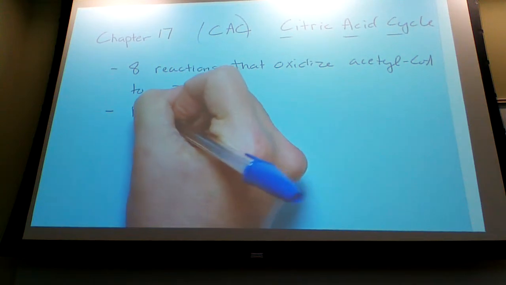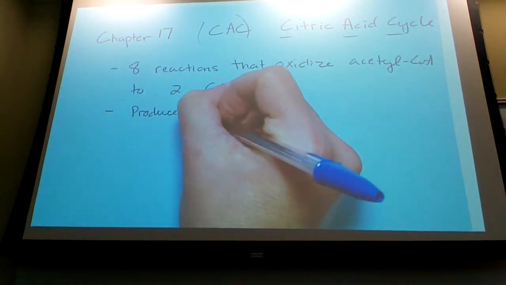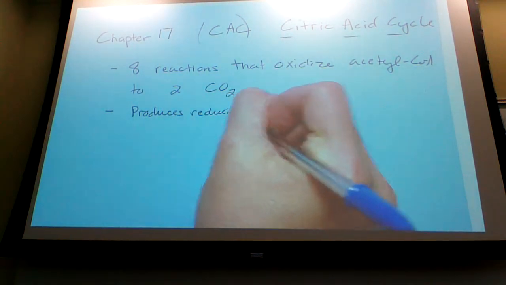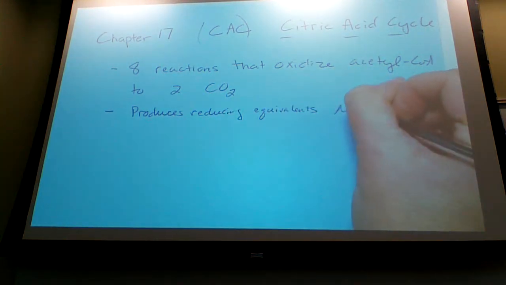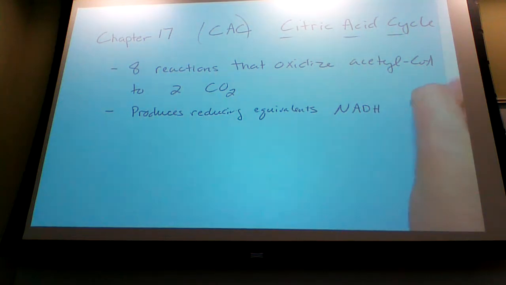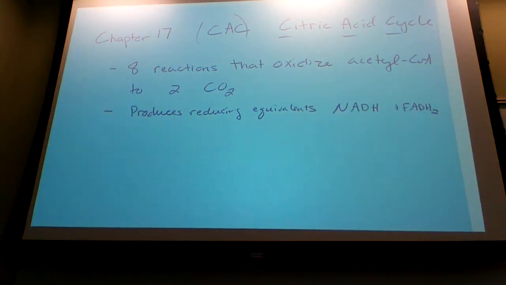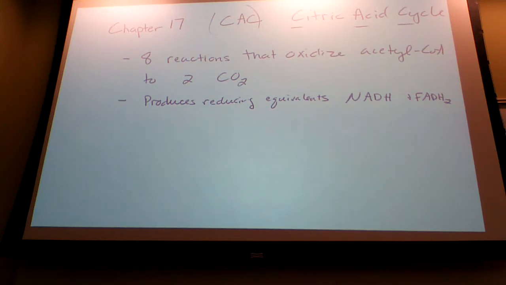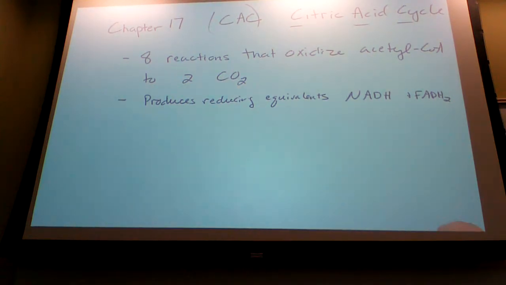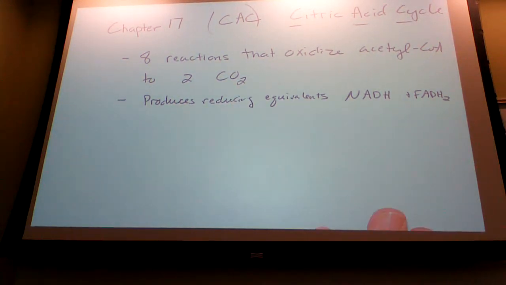And this is going to produce reducing equivalents, NADH and FADH2, which will be important later when we talk about how to synthesize ATP using the electron transport chain and oxidative phosphorylation.